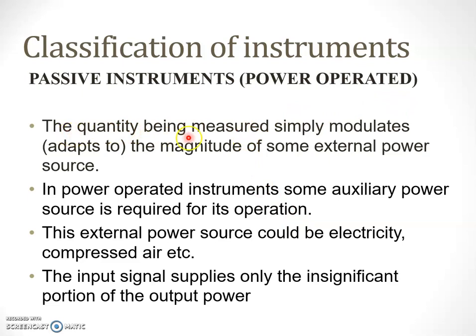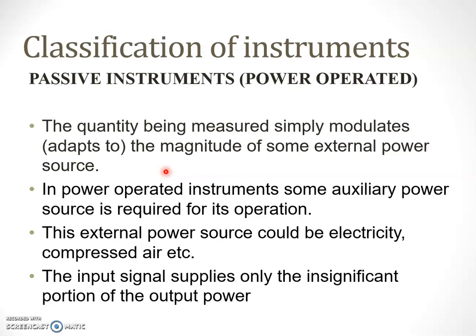The physical quantity being measured using a power operated instrument simply modulates the magnitude of some external power source. In other words, power operated instruments always require an external power supply for their operation.